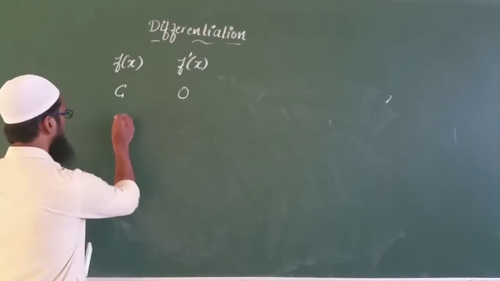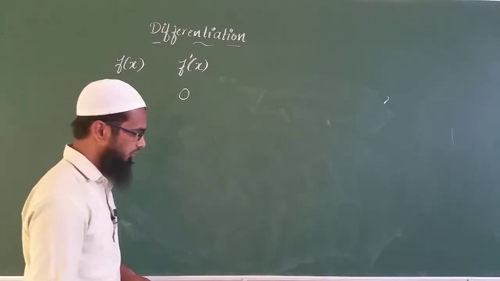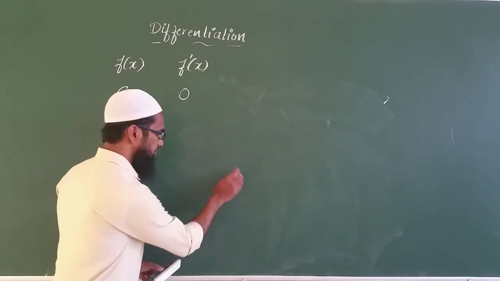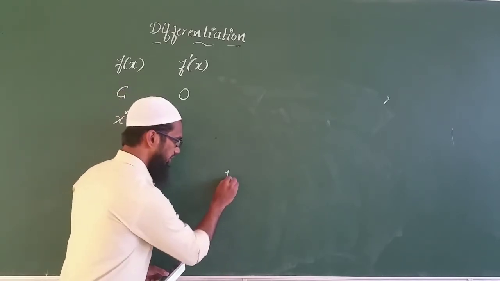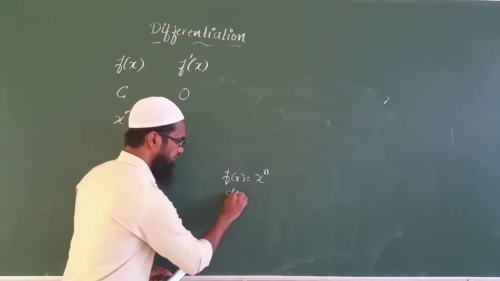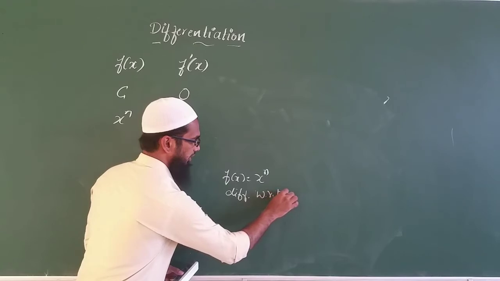Now the next thing is the differentiation of x to the power n. For example, if I take f of x is equal to x to the power n, I need to differentiate this with respect to x.